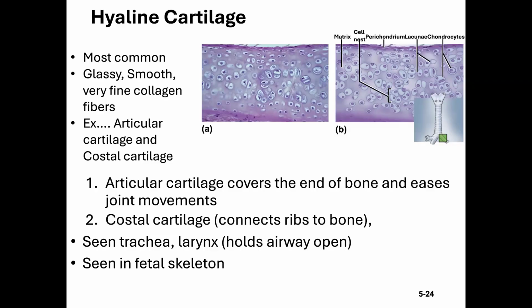You know the ribs? Rib is bone, but the rib is connected to the sternum in front through cartilage. That's called costal cartilage. So the rib is connected to the sternum here, which is a bone, and to the vertebrae in the back.